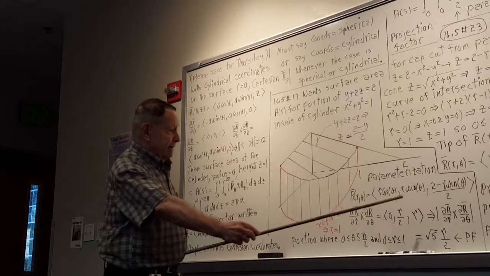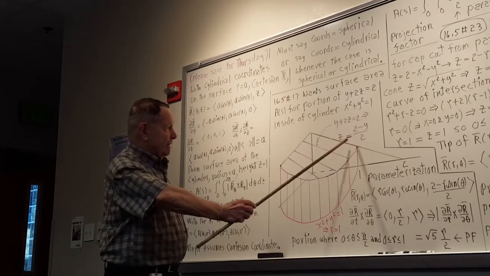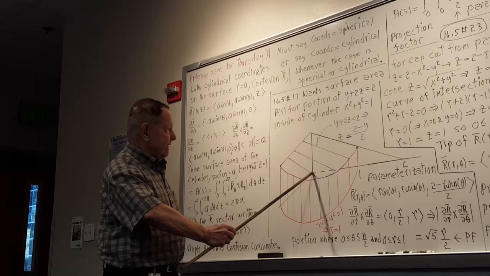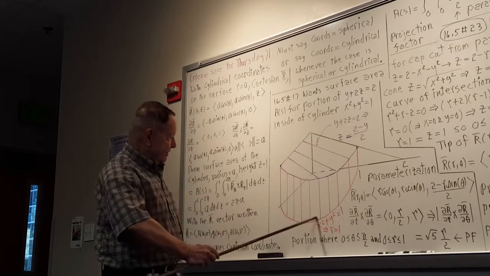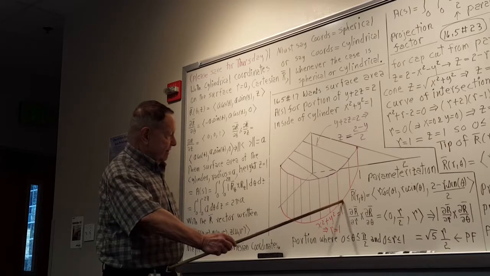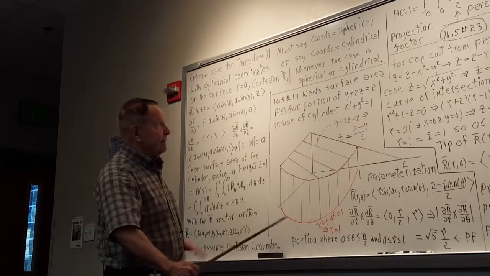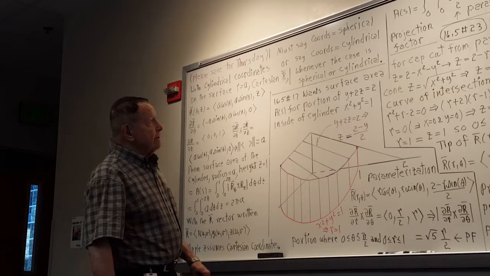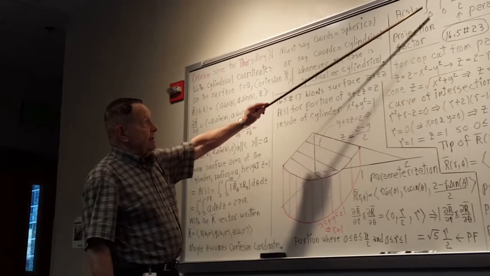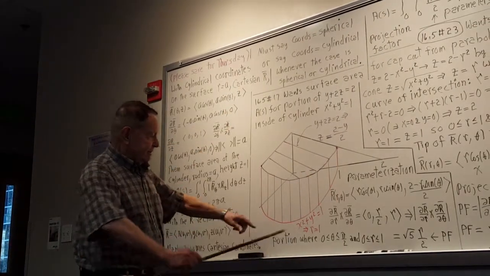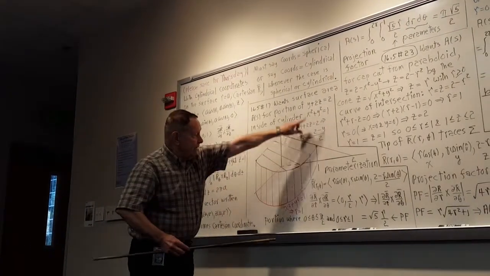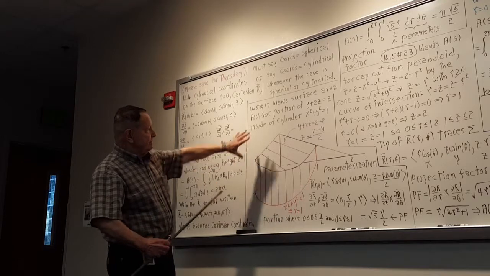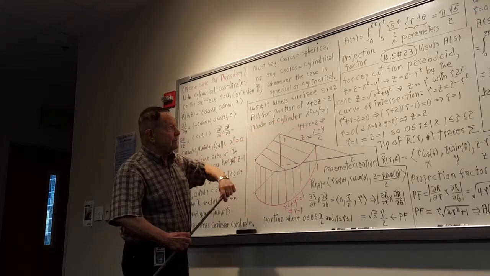When r is 0, you're in here at the center, and when r is 1, you're out here on the rim of this cylinder, r equals 1. So if you want the entire area, then instead of going 0 to pi over 2, you're going all the way around with the part that I haven't shown.